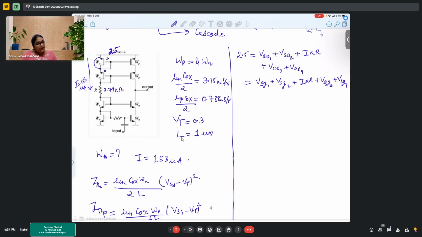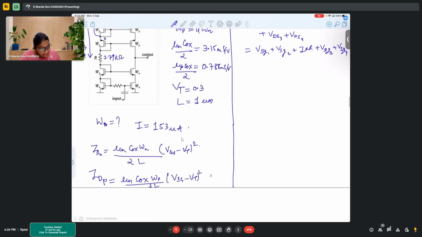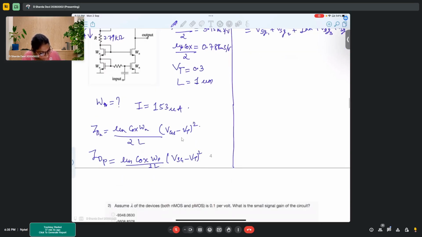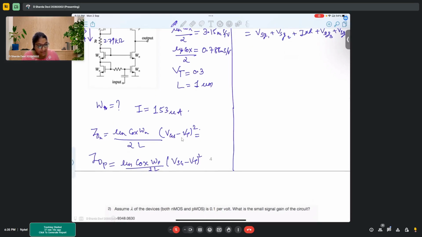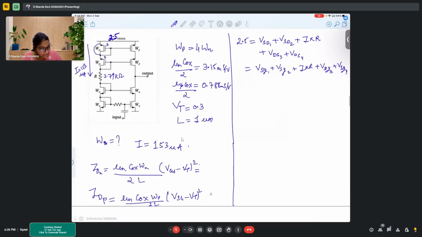Now, so first of all, let's compute mu and Cox, this part, mu_p Cox Wp by 2L. So when we compute mu_p Cox Wp by 2L, it will turn out to be, so this is 4 times, right?